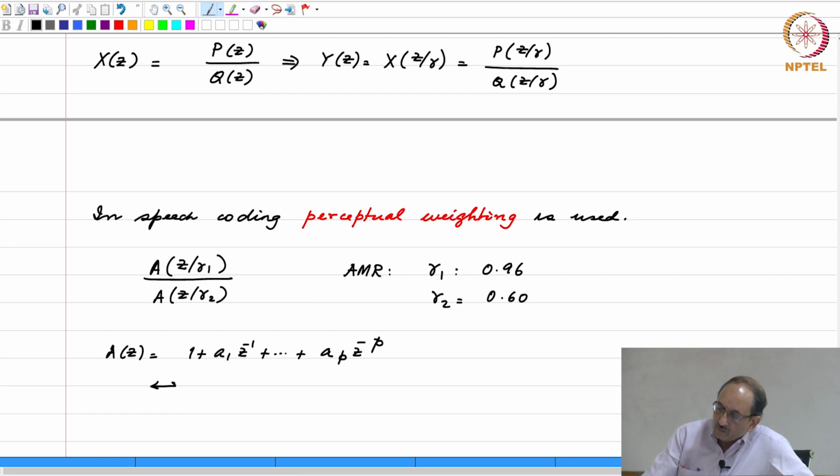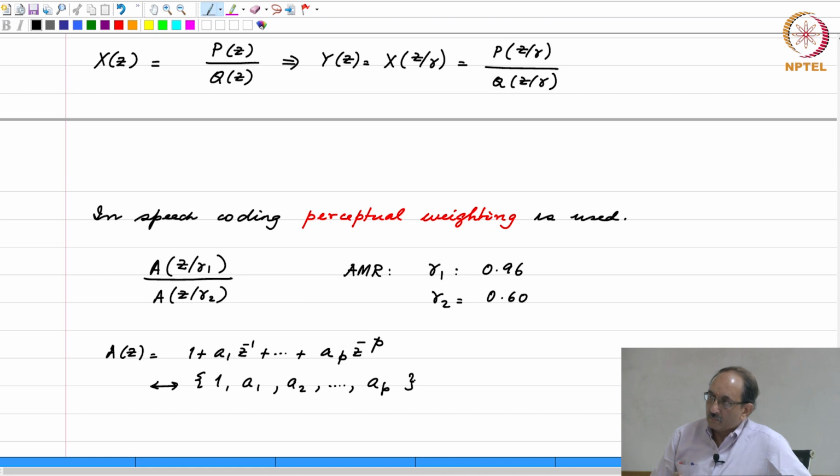So, in the time domain this is nothing but 1, a1, a2 up to ap, and this time domain sequence is multiplied by gamma to the n, where gamma is 0.96 and 0.6 and so on.